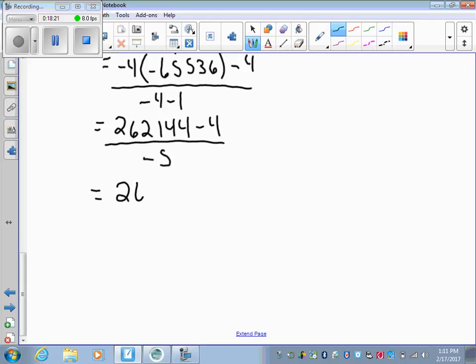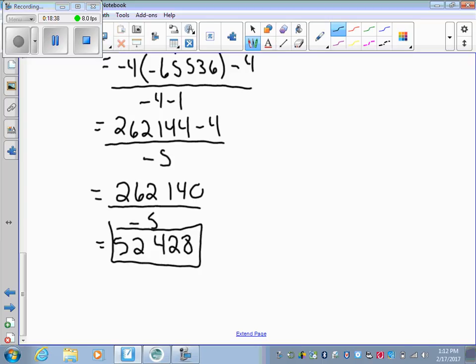So 262,140 divided by negative 5. No fractions on that one. Not too bad. Oh, sorry, negative 52,428, because I'm dividing by a negative 5.